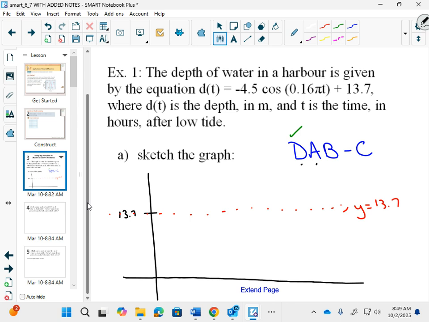So I'm going to mark, according to this, that should be about 4.5 and 4.5. If I go down 4.5, I will get to 9.2. If I go up 4.5, I will get to 18.2. And that's all that's needed for your amplitude.